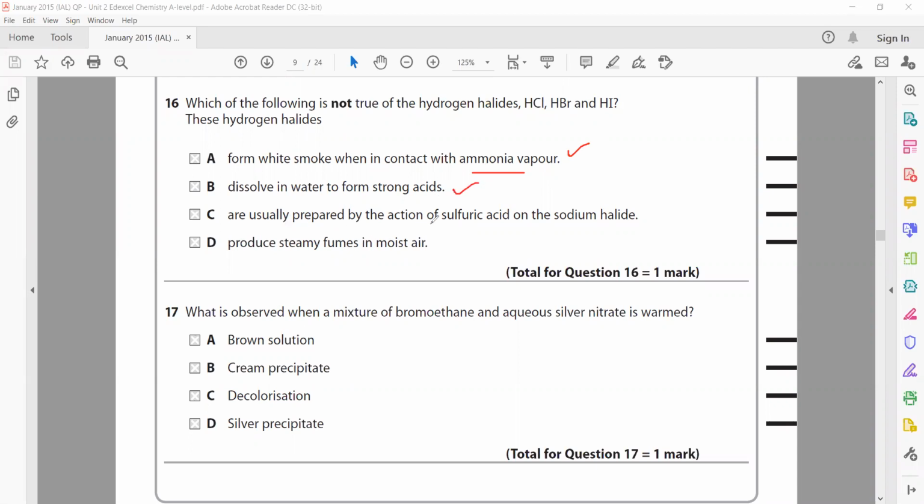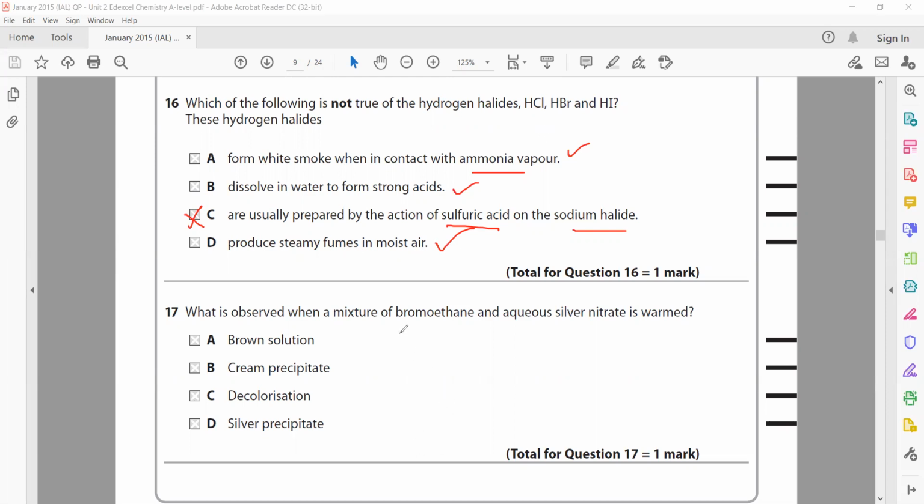And are usually prepared by reaction of sulfuric acid with sodium halide. This method cannot be used to prepare hydrogen bromide and hydrogen iodide practically because bromide and iodide are good reducing agents, so they will reduce the sulfur to a lower oxidation state. And produce steamy fumes in moist air. That's true.